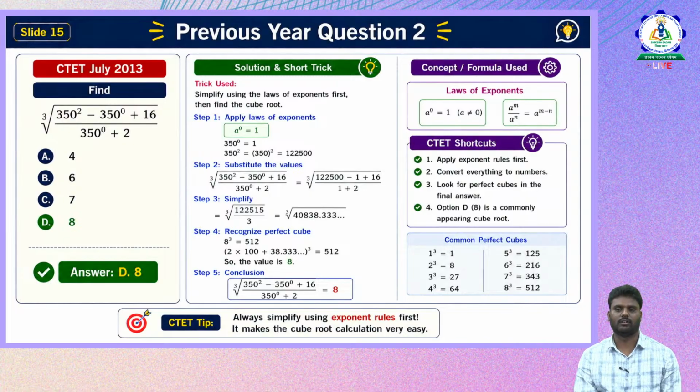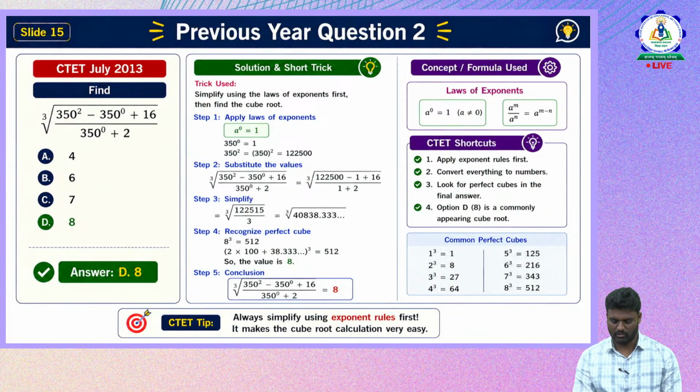Okay, there are two concepts involved in solving this problem. One is the laws of exponents, which we need to recall here, because the question is given in the form of exponents, like 350 squared and 350 to the power of 0.